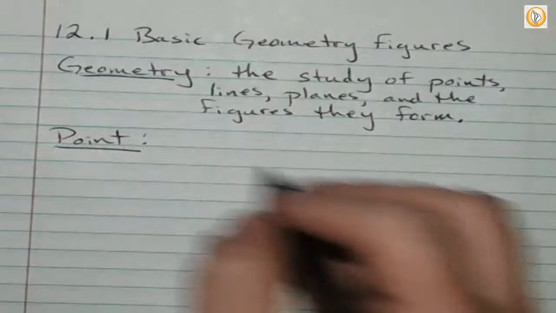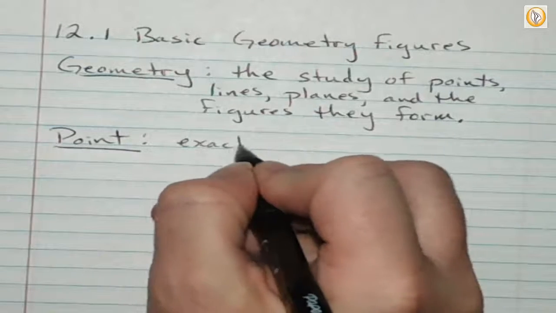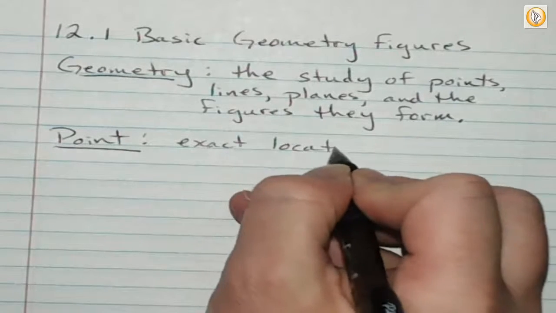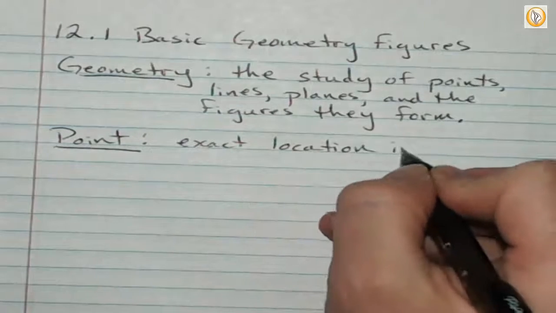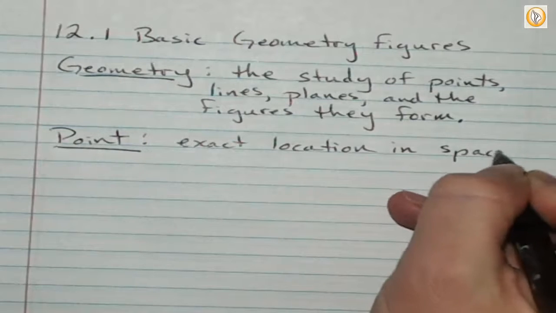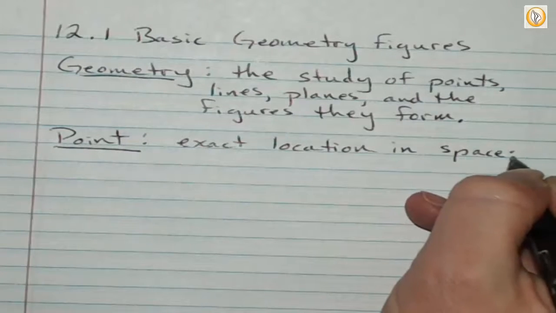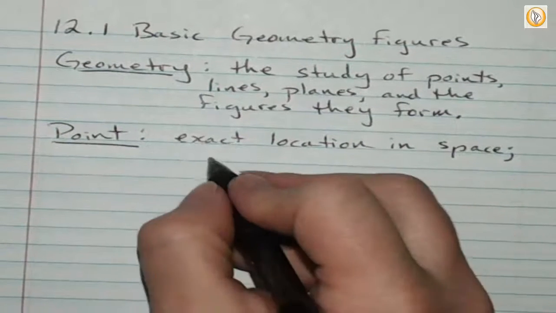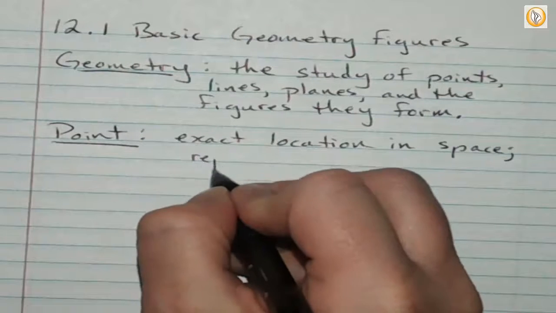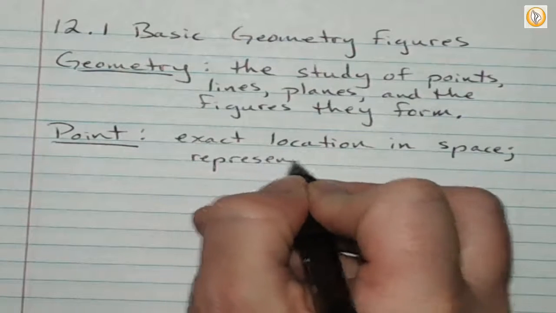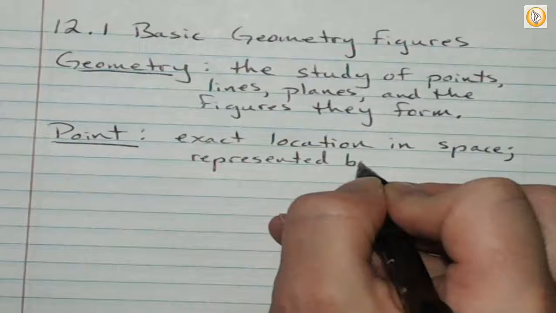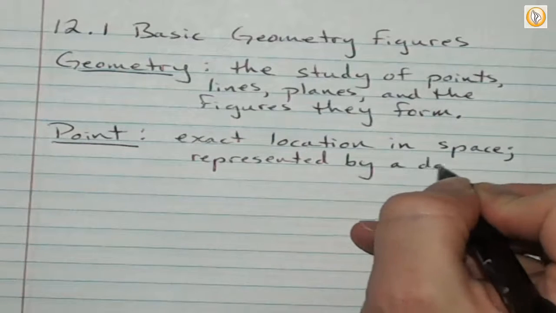Point. It's the exact location in space. It's represented by a dot.